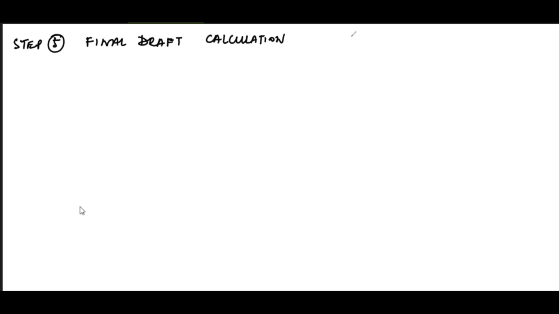So in the final draft calculation, we put forward and aft. The initial draft will usually be given. Let us call these F1 and A1. Now, the mean change of draft you have calculated in step 4.